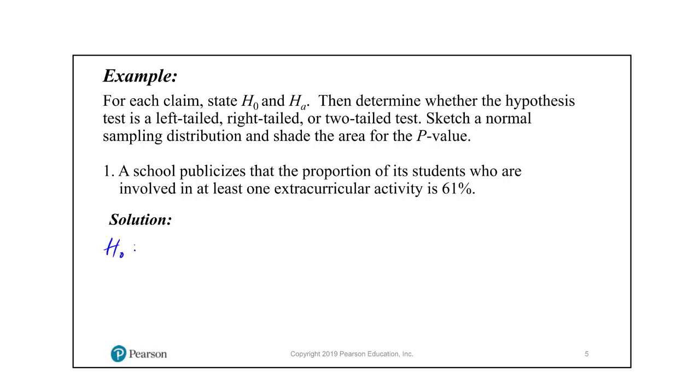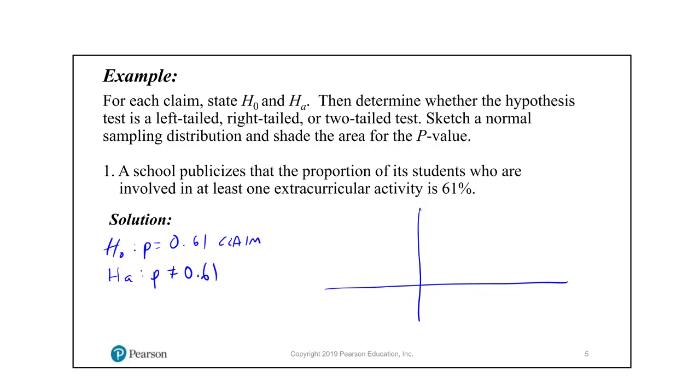So we had H naught as p equals 0.61, and the alternative was p not equal to 0.61, and this happened to be the claim. Again, the null hypothesis had the equals in it, the alternative does not. In this case, it's an equals and not equals, which means we're talking about a two-tailed test, with the not equals on the left and right sides. So this is two-tailed.